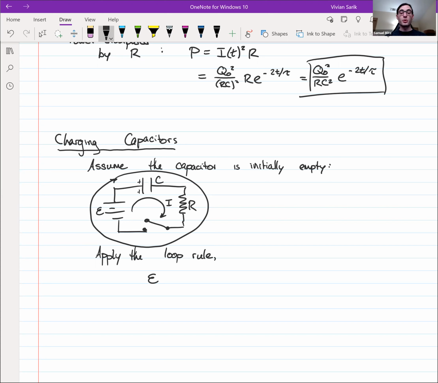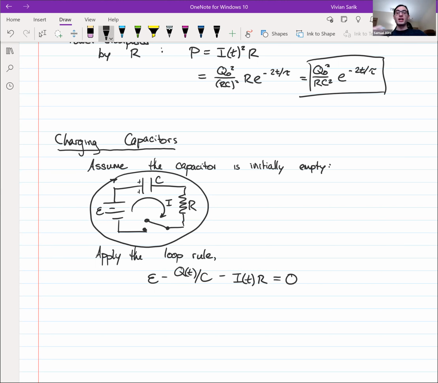So we're really going from the positive to the negative side of the capacitor. So we're going to subtract off the voltage on the capacitor, which is Q of T, remember the charge changes with time, divided by C. All right, and then we pass by the resistor, which has current passing through it, I, but that changes with time. So it's I of T times R, and this is equal to 0.